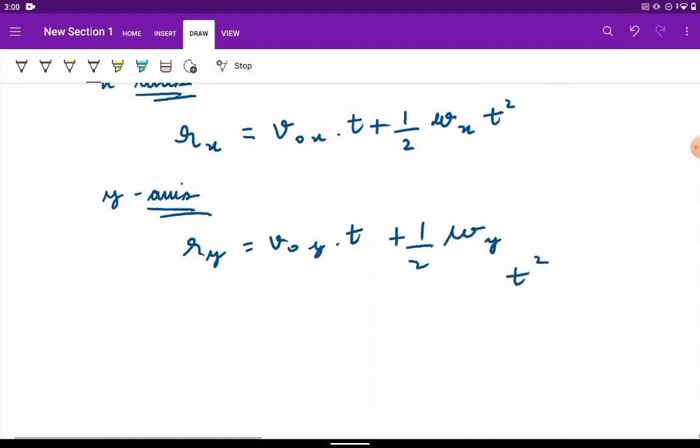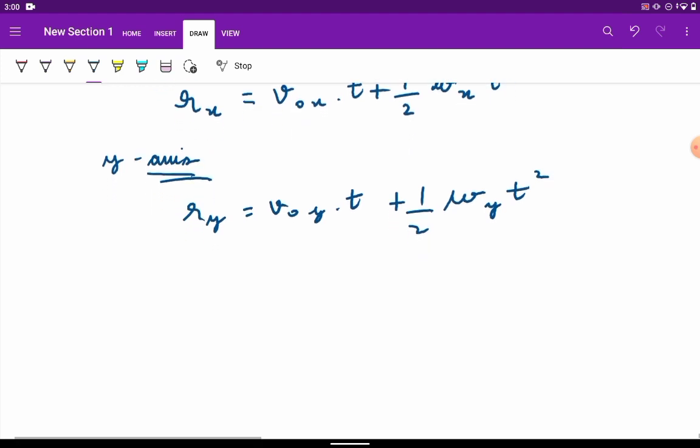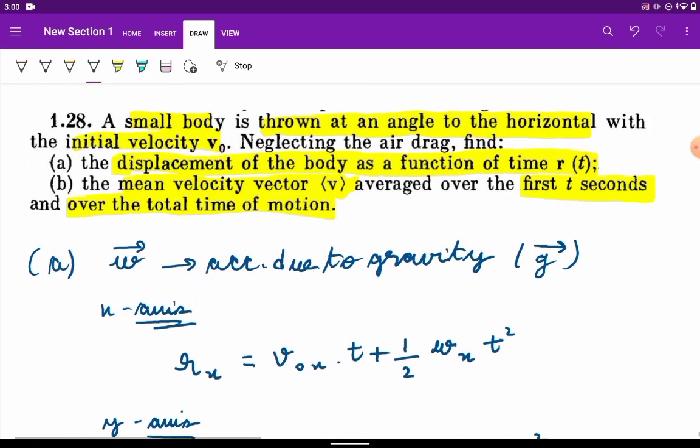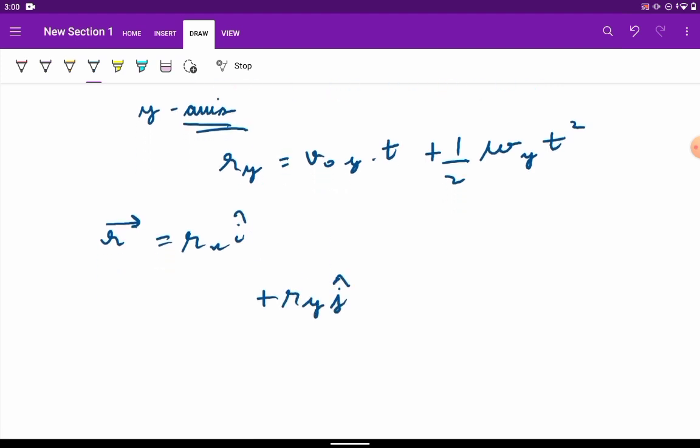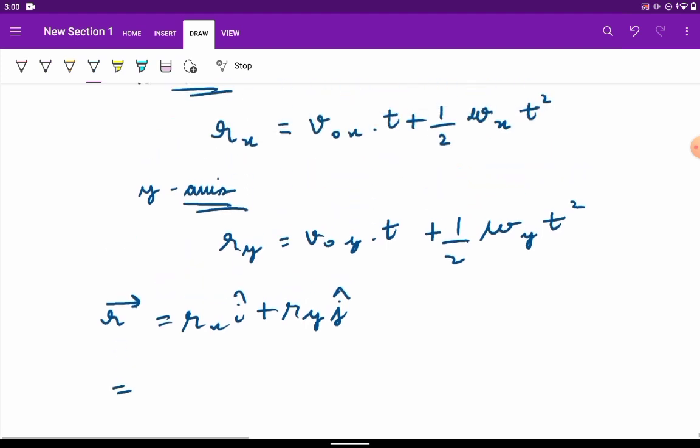Okay, now we know that r, of course I'm writing r, it basically means r of t, right? This is nothing but rx i cap plus ry j cap. So then r vector is nothing but, what is rx?